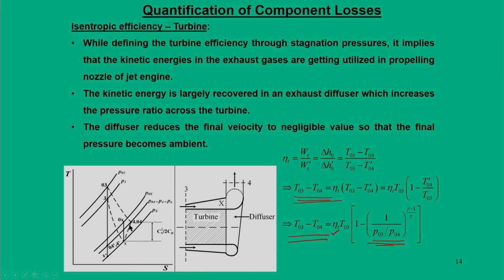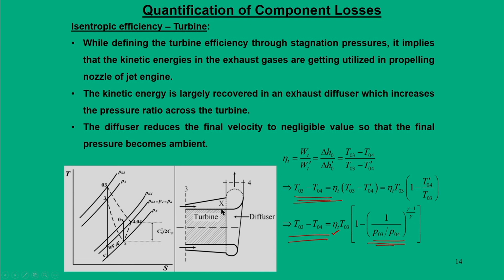But in a real sense, when turbines are incorporated in jet engines, the main intention is to recover thrust. So, the turbine used in a jet engine is integrated with a nozzle kind of assembly followed by a diffuser. Since we want to extract as much energy as possible from the exhaust flow during the expansion process, we typically get a higher pressure ratio across the turbine, and because we incorporate them through a nozzle shaped arrangement, that is the first thing.